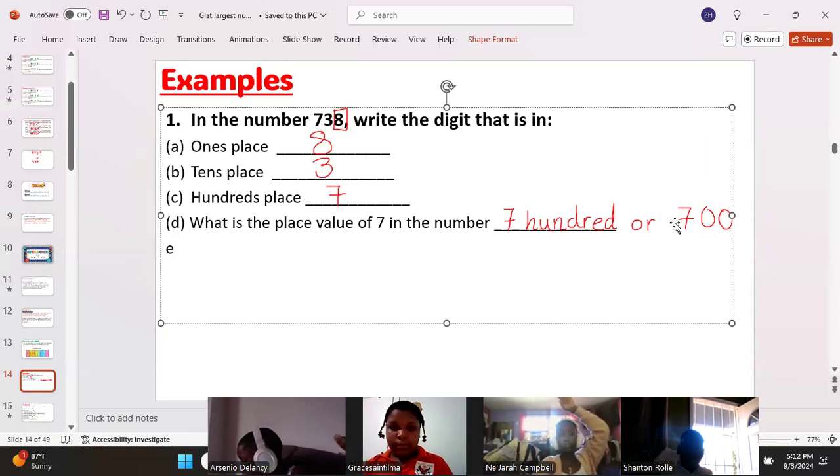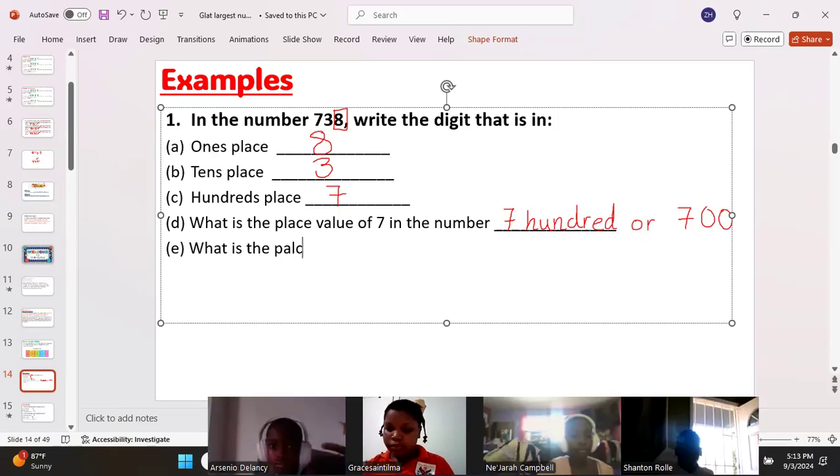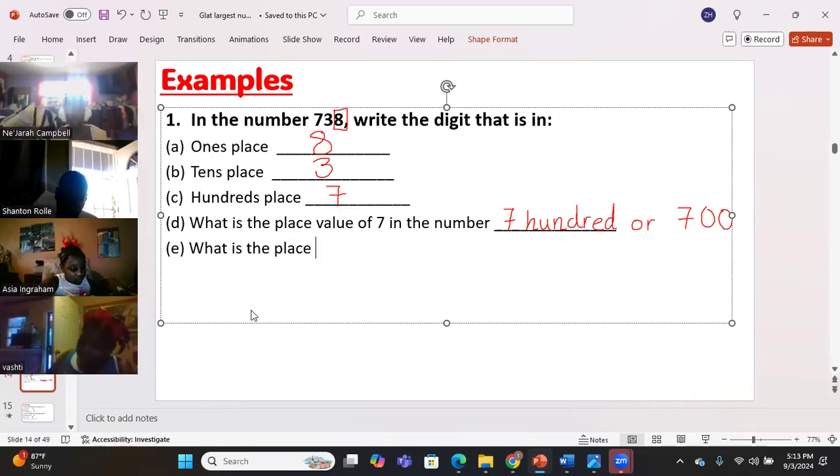Let's write the E. So what is, yes, Najara? We're writing this right. So yes, you're writing this down. That's very important. What letter are you on, Asia? A, B, C, D, or E? I'm on B. Vashti, what letter are you on?